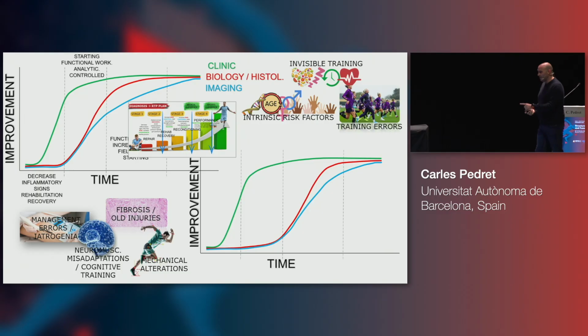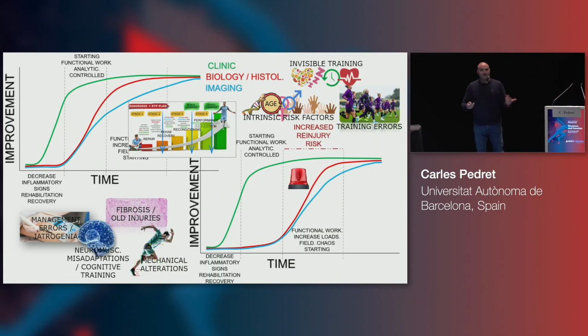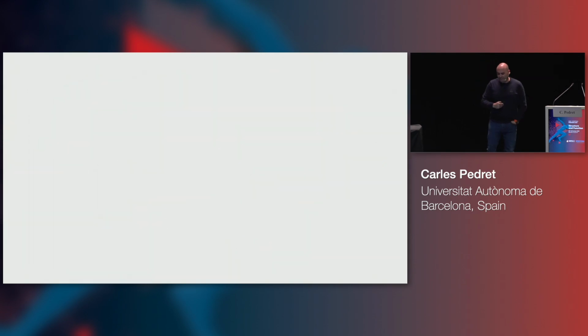That means that when you are here, in this point where we start cones and when we start field training, we will have still a non-mature scar tissue. And that means that if we applied high loading demands with a non-mature scar, the re-injury risk is quite high. So that's the importance of the imaging during all this process, okay?